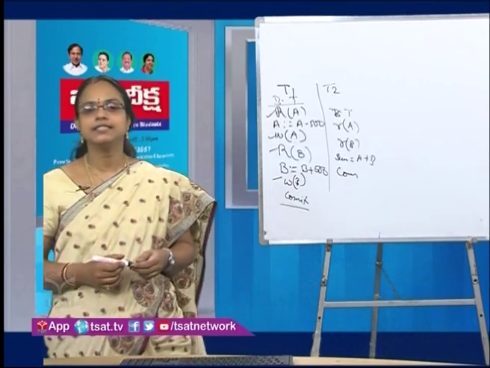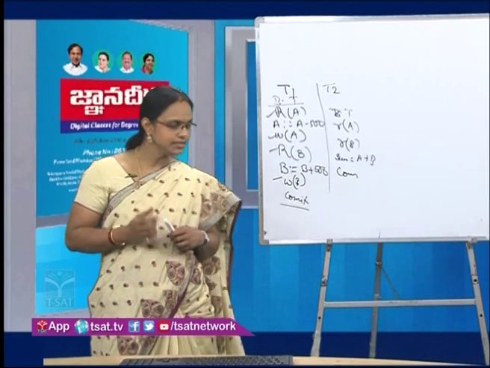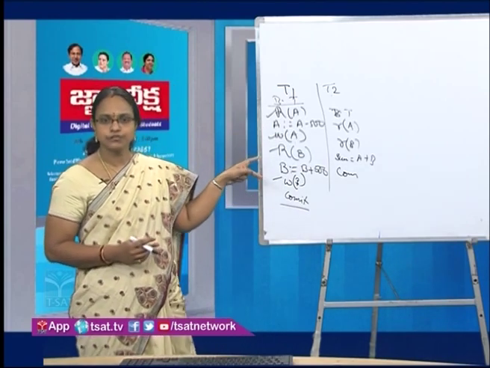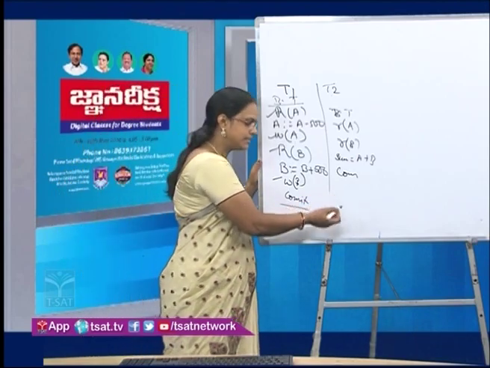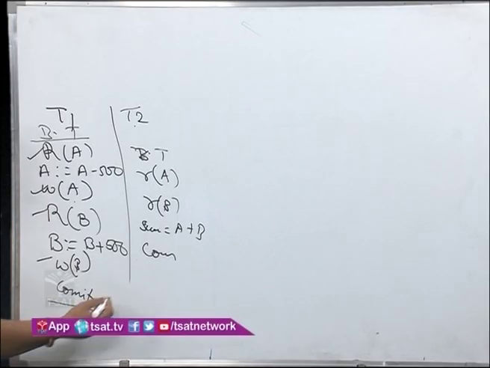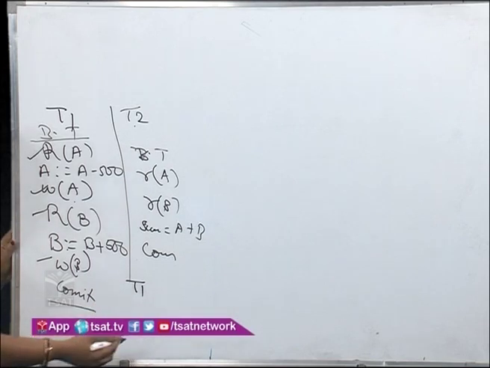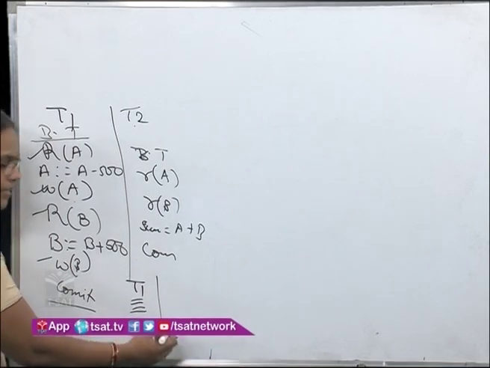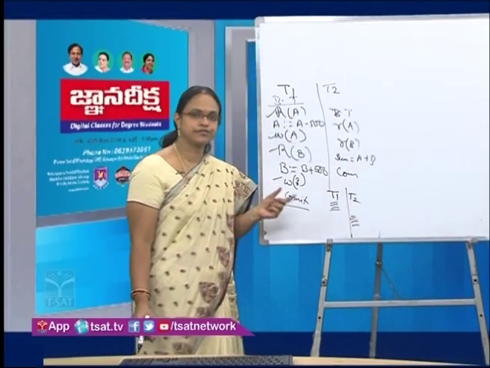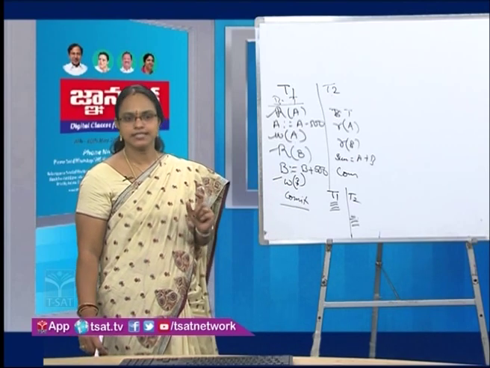First we will see what serial execution of transactions is. How many lines of code are there in T1? Six lines of code. Serial execution means that all the lines of transaction T1 execute, and then all 4 lines of T2 execute.